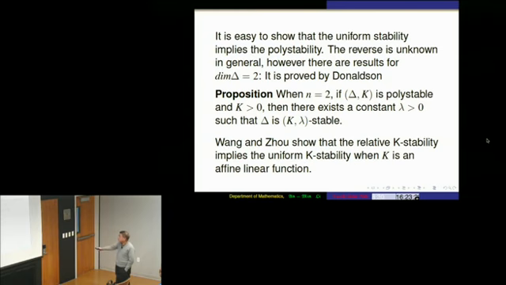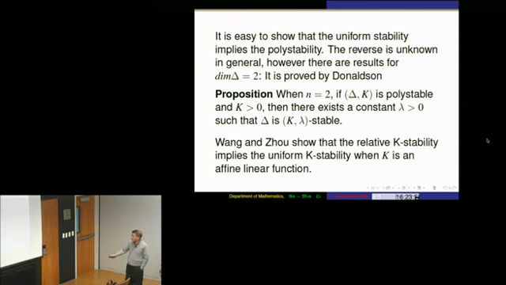But in dimension 2, it is proved by Donaldson that when n equals 2, if delta_K is polystable and K is greater than 0, then there exists a constant lambda greater than 0 such that it is (K, lambda)-stable, so uniform stable.